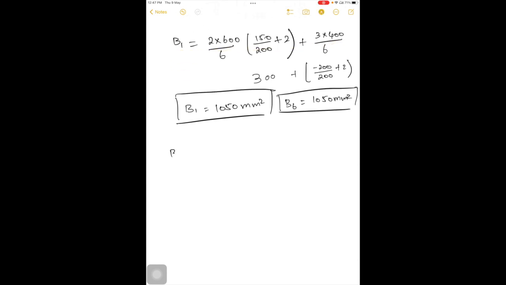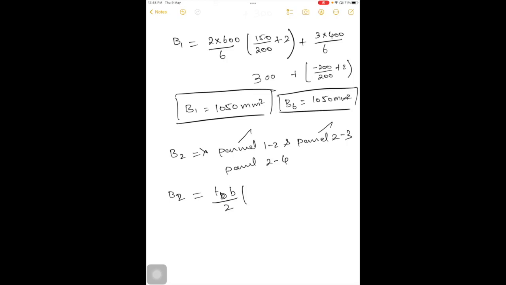Now we go for B2. B2 is connected with panel 1 2 and panel 2 3 and also panel 2 4, and as skin we have 1 2 and 2 3. So it is 2 into 300. So I will write B2 equal to, for panel 1 2, TD B divided by 6 into 1 2.